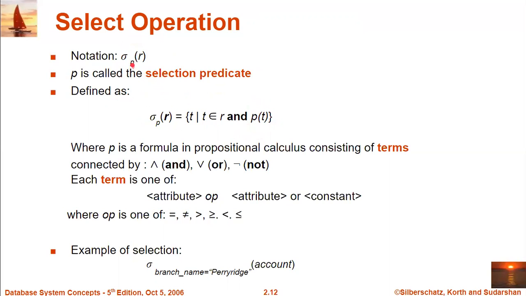In this formula, we can use propositional calculus, with three symbols: this is AND, that is conjunction, this one is OR, that is disjunction, and this is NOT, that is negation. These three operations can be used at the same time.